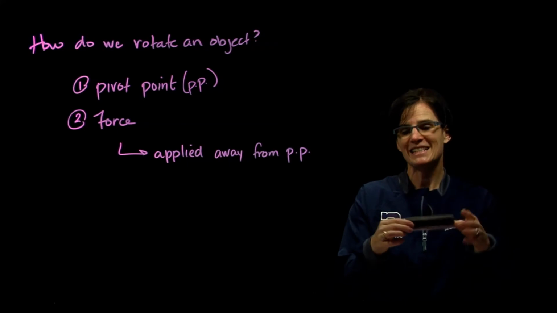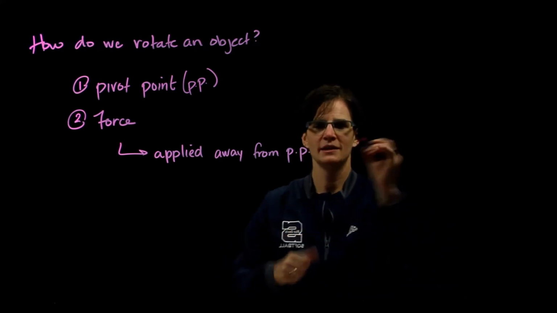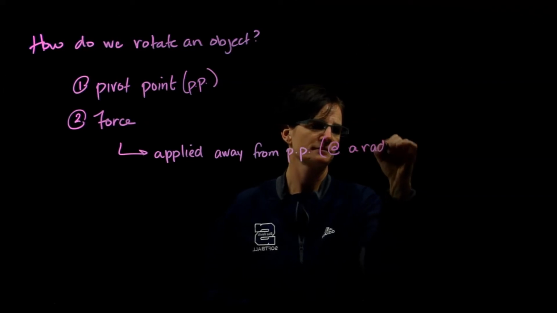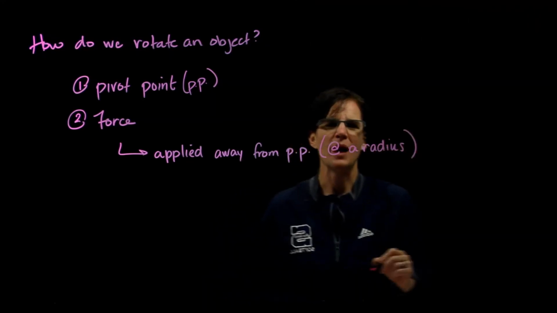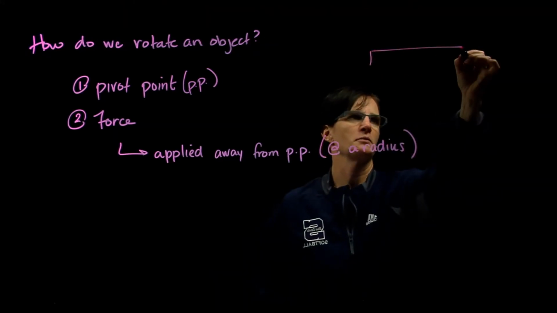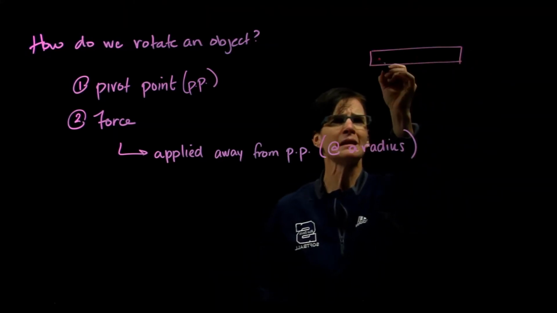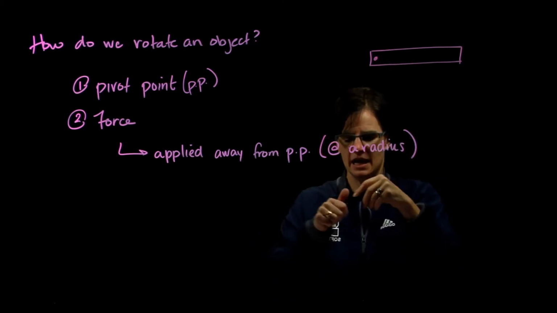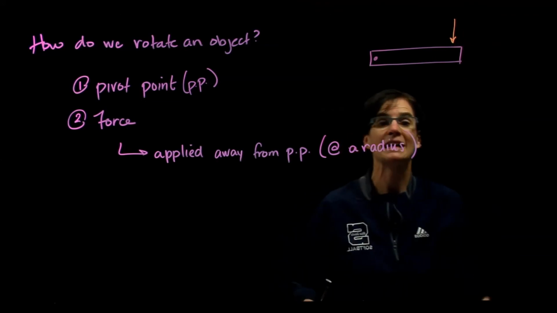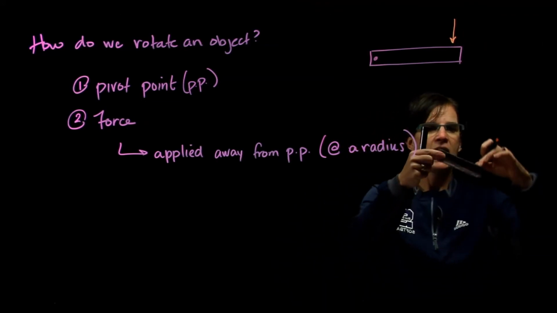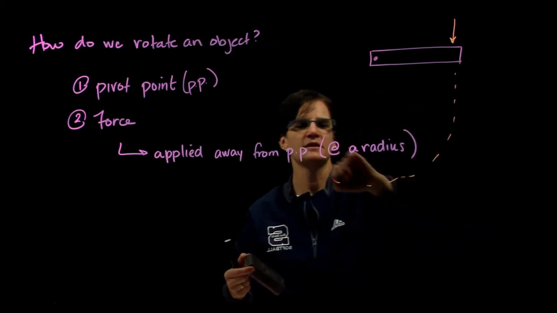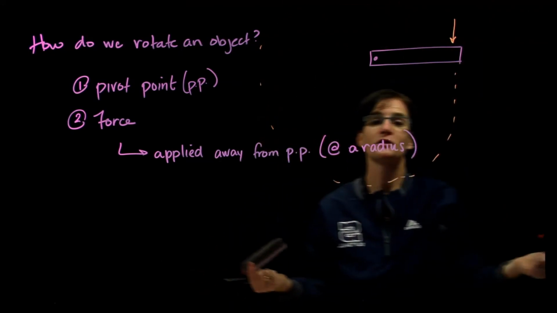Now that distance away from the pivot point we call the radius. Why might it be called a radius? Well, let's imagine my eraser, and here's the pivot point. If I am going to apply a force away from the pivot point, let's say here at the end, like I demonstrated, and I keep applying that force, eventually this eraser is going to move along in a circle.